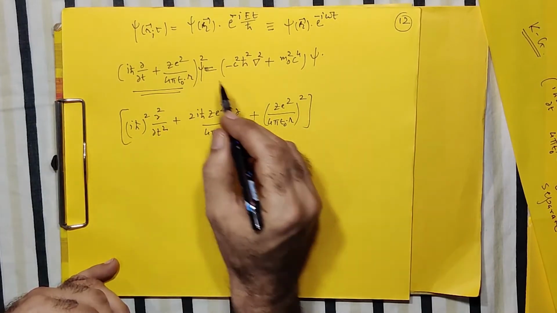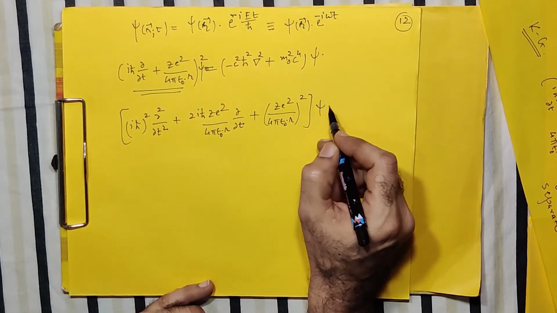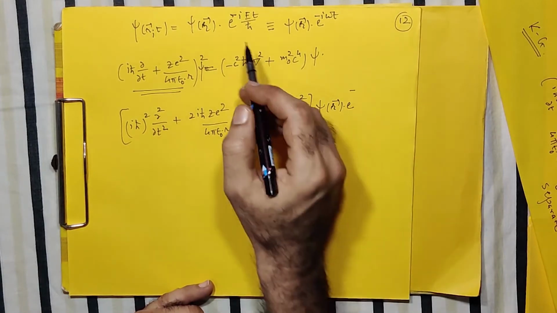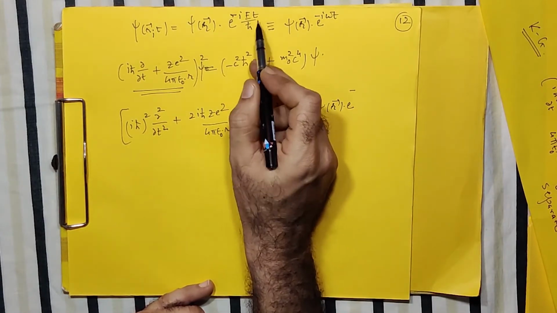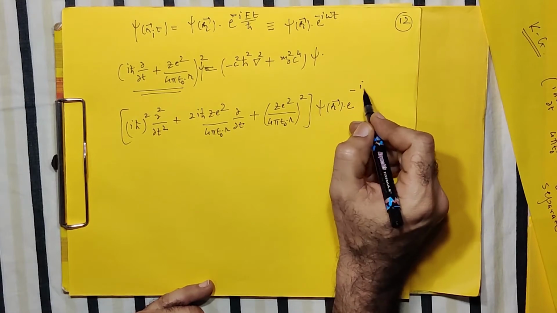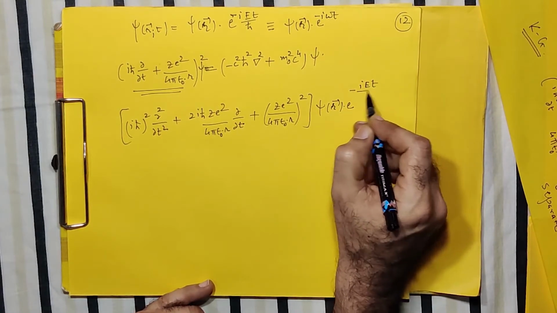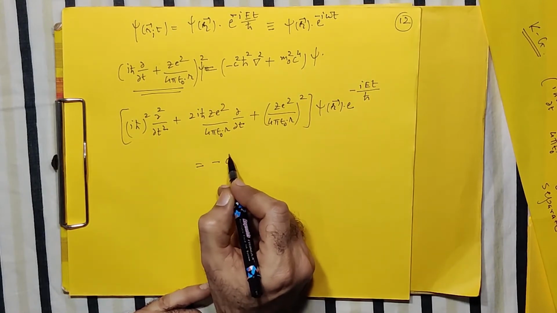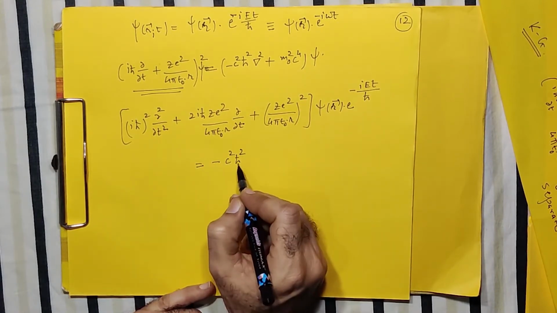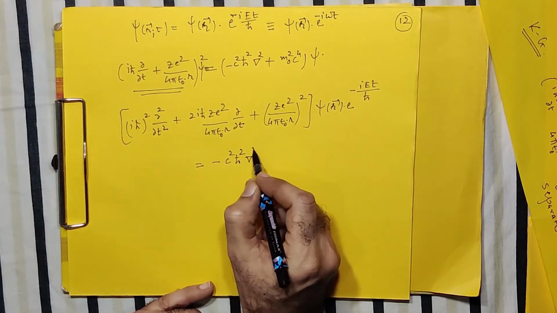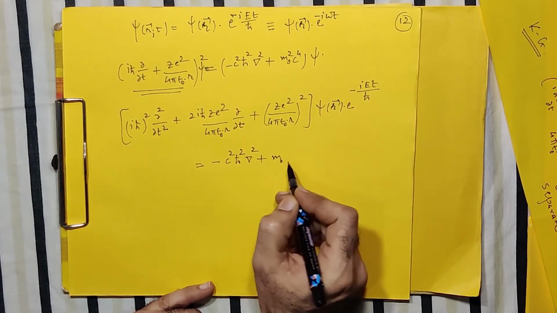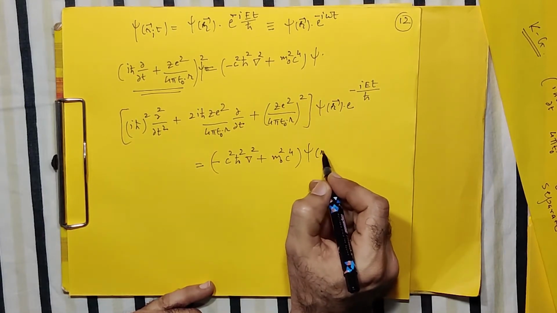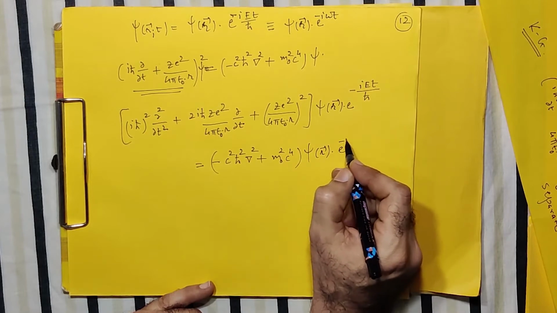And then ψ I write in two parts, that is the r dependent part and a time factor like this. I prefer to write in this fashion because ultimately my goal is to find energy. So I write like this, e^(−iEt/ħ). And obviously on the right hand side, the same thing I will do, c²ħ²∇² plus m₀²c⁴ operates on ψ, which is again split into two parts.